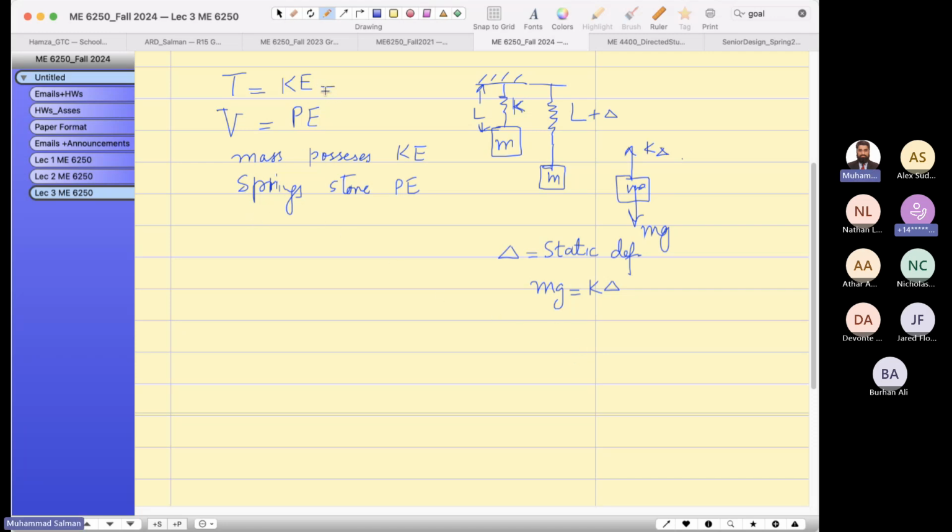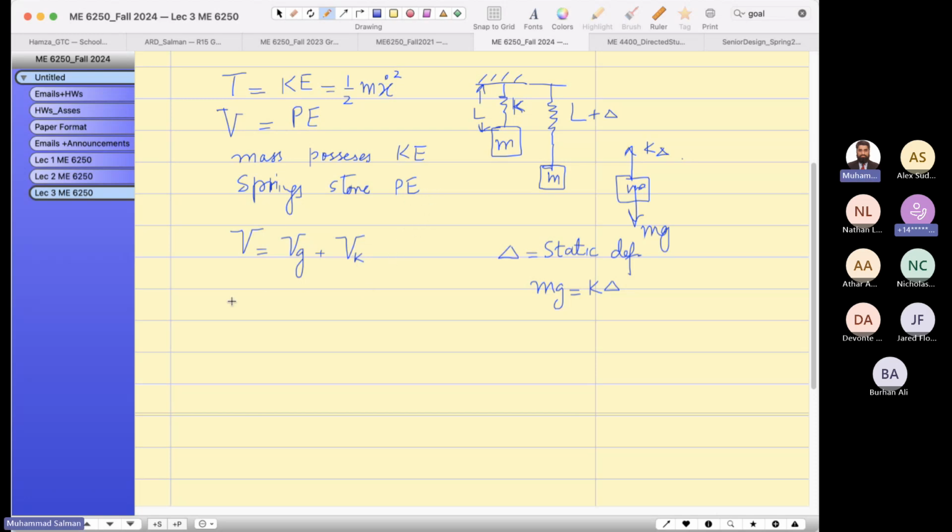So the kinetic energy is equal to half m x dot square, which is half m v square, and the potential energy is combined from the gravitational potential energy and the spring strain energy.